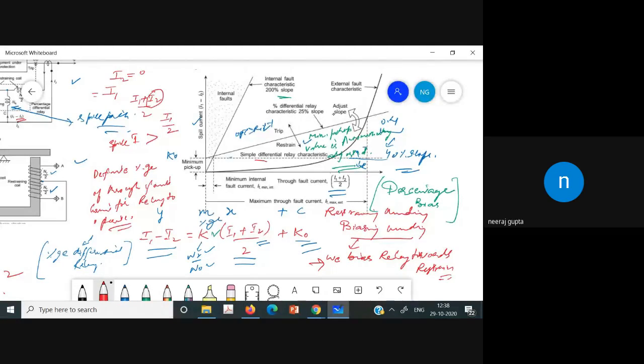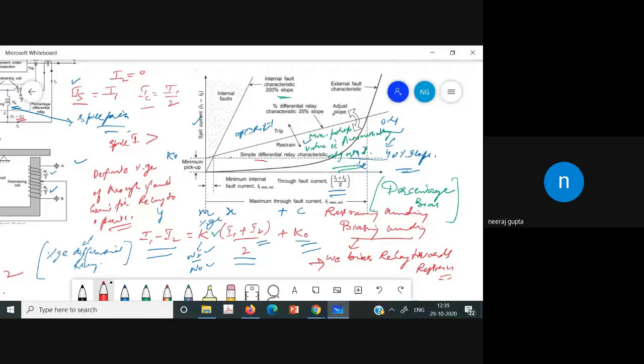So the spill current is equal to I1, and the circulating current is I1 by 2, since I2 is equal to 0. This is the spill current and this is the circulating current.